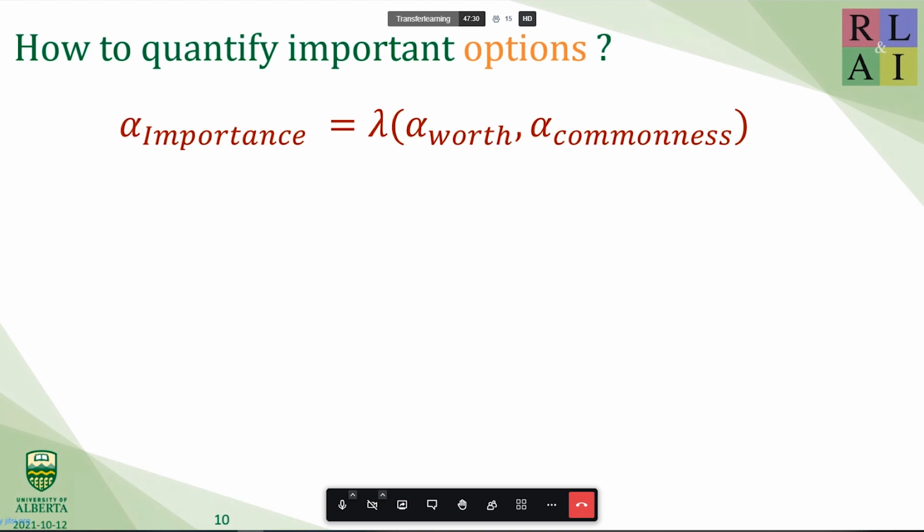Openings, for example, in chess are very common and not that much worth it. They don't increase your chances of winning that much. But if you don't do them nicely, because they are present every game, you will be a bad player overall. On the other hand, endings in chess are quite the opposite.